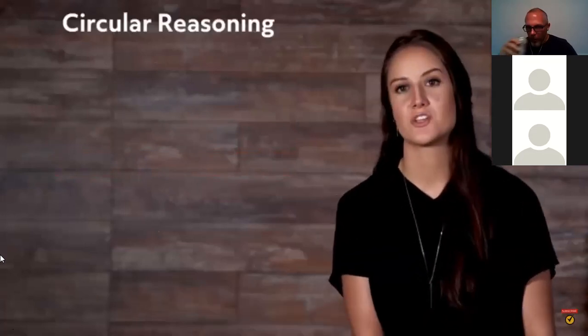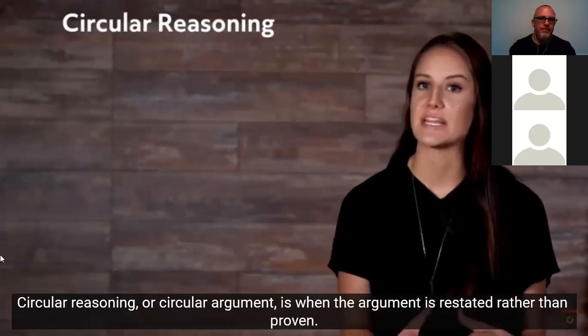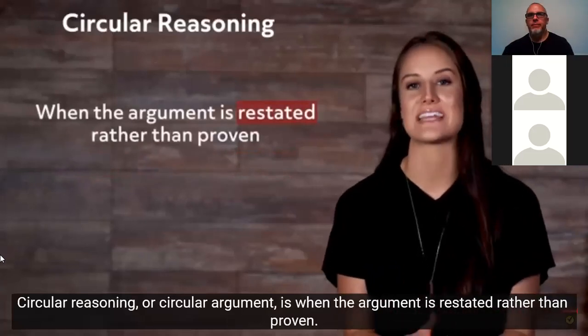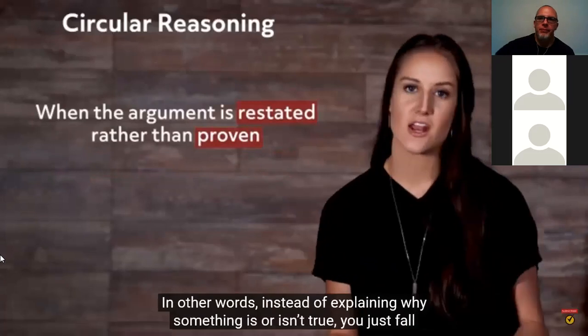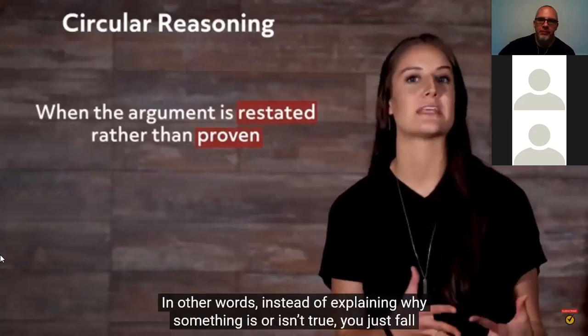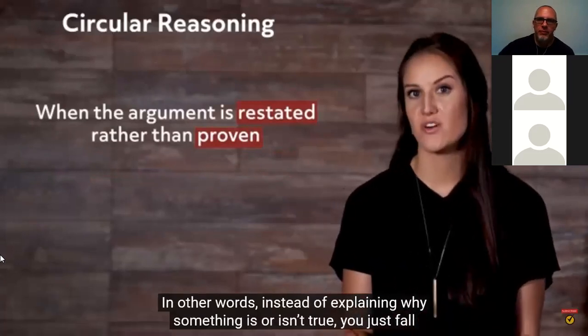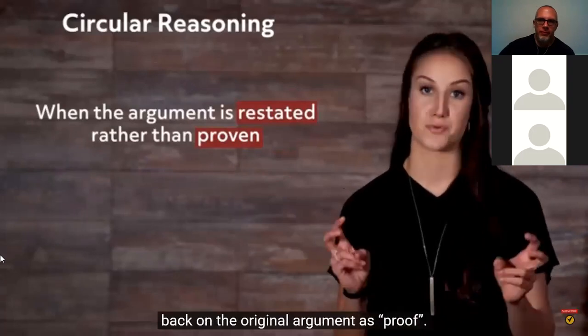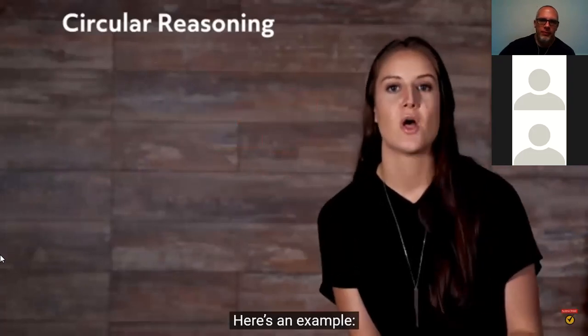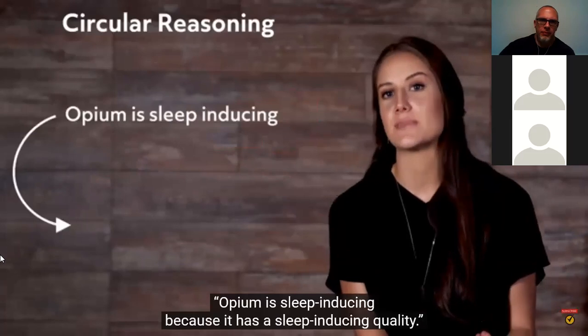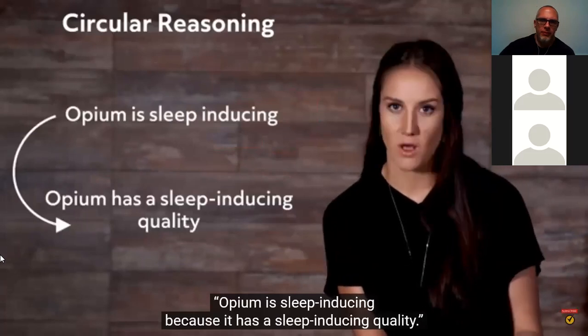Circular reasoning. Circular reasoning or circular argument is when the argument is restated rather than proven. In other words, instead of explaining why something is or isn't true, you just fall back on the original argument as proof. Here's an example. Opium is sleep-inducing because it has a sleep-inducing quality.